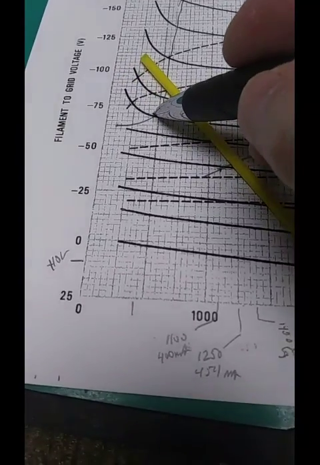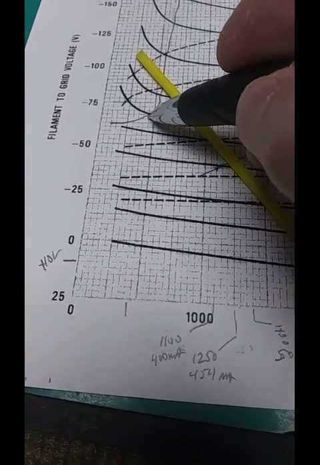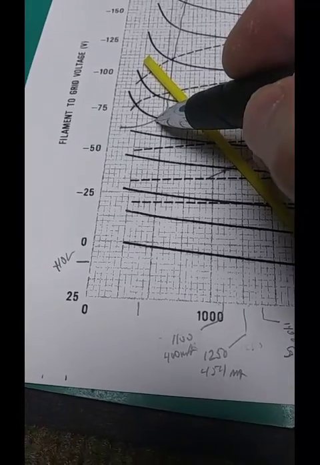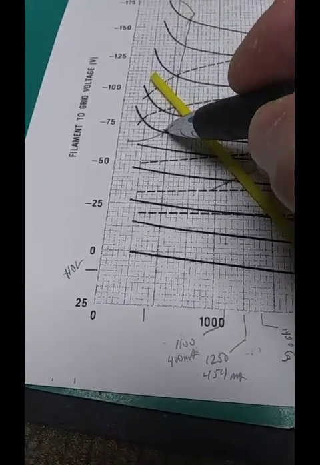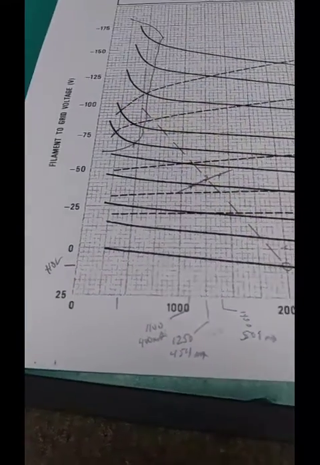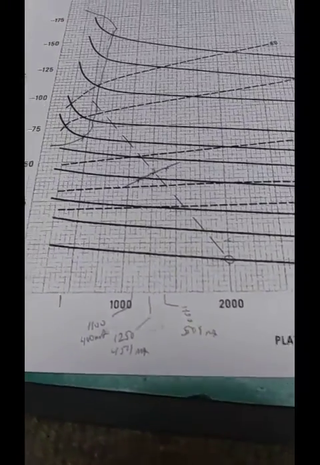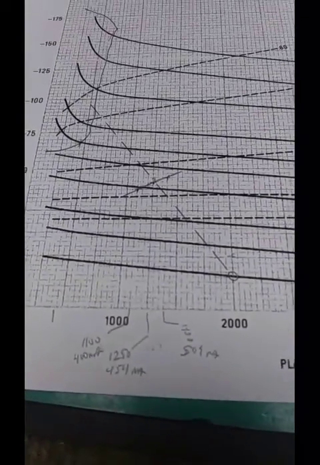That pretty clearly seems to be on this more or less linear part. And that's probably the line they're looking for.